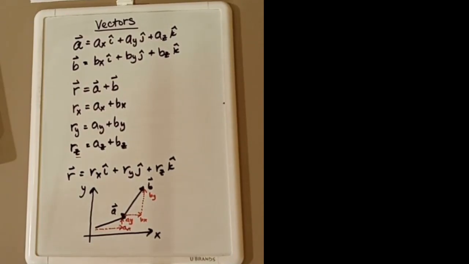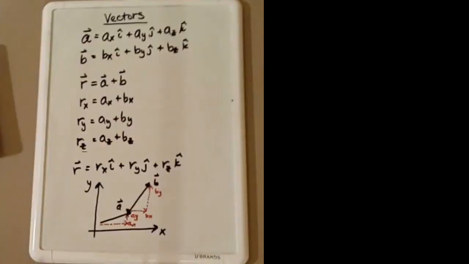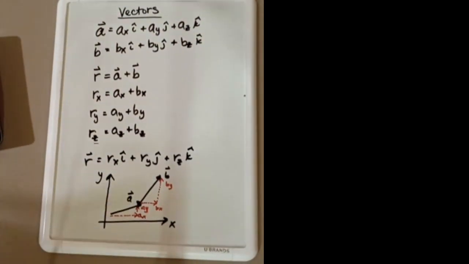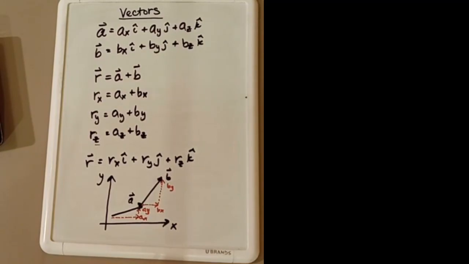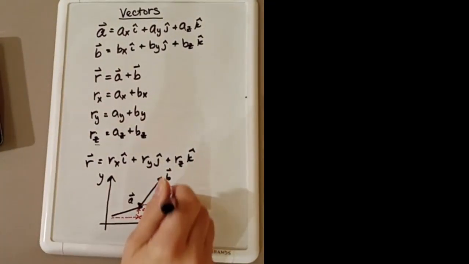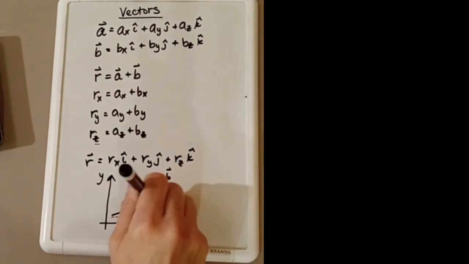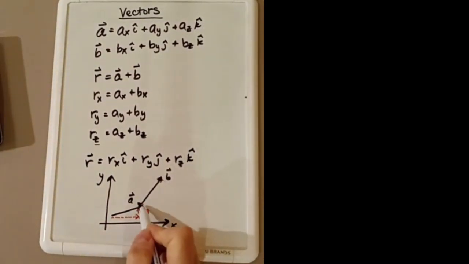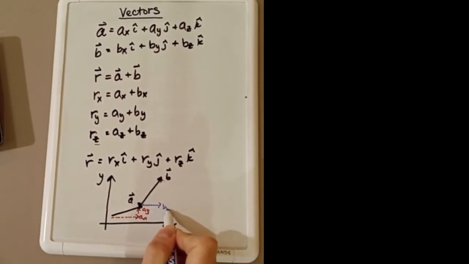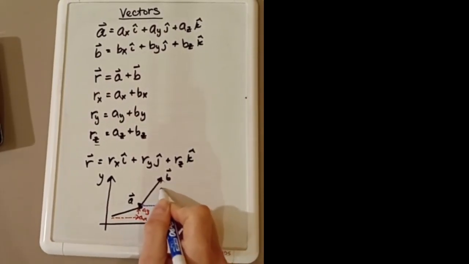So now all you would do is add, here, I'm going to do something a little bit different to make it maybe a little bit easier. I like to mess around with different colors, so we'll put B in blue. Sorry about this, guys. Talk amongst yourselves. Alright, so we've got red components for A, and then we've got BX and BY in blue.